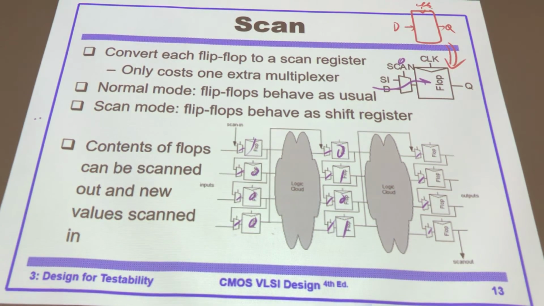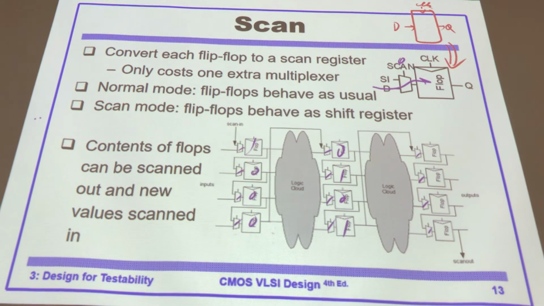After one clock cycle, 0, 1, 0, 1 will go through the logic cloud, the combinational circuit, and the result is left in this 4-bit register, right? Likewise, 1, 0, 0, 0 will be the input of this logic cloud, and after one clock cycle, the new value will be left in this 4-bit register.